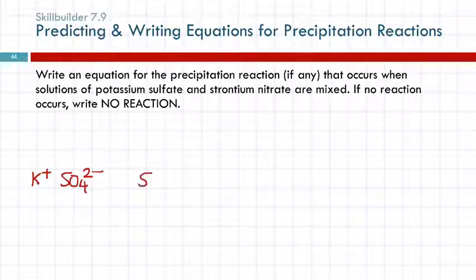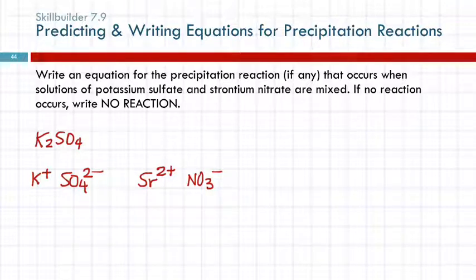Then I've got strontium is 2 plus, group 2. And nitrate is NO3 minus, because. So I put those ions together in a way that their charges will add up to 0.